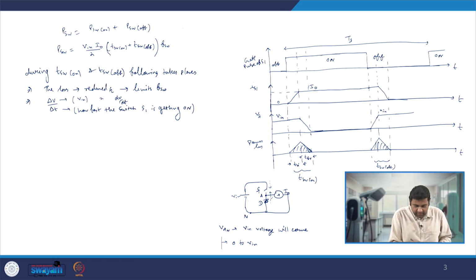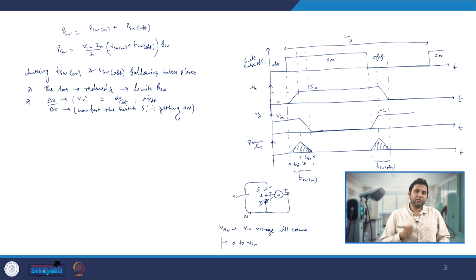At the same time we also have a good amount of di by dt, because suddenly the current was not there in the upper branch, and when you turn on the S1 switch, the current which was flowing through the diode will suddenly move to the S1 switch. So it will also have a good amount of di dt in a small period of time. Previously it was 0 current, now it is I naught current.